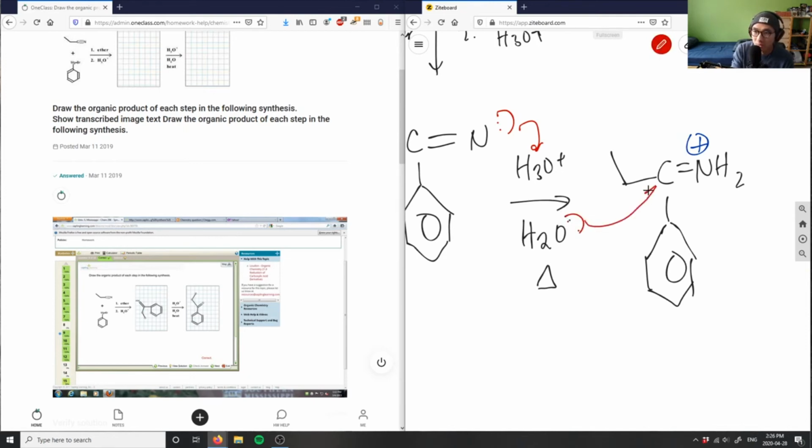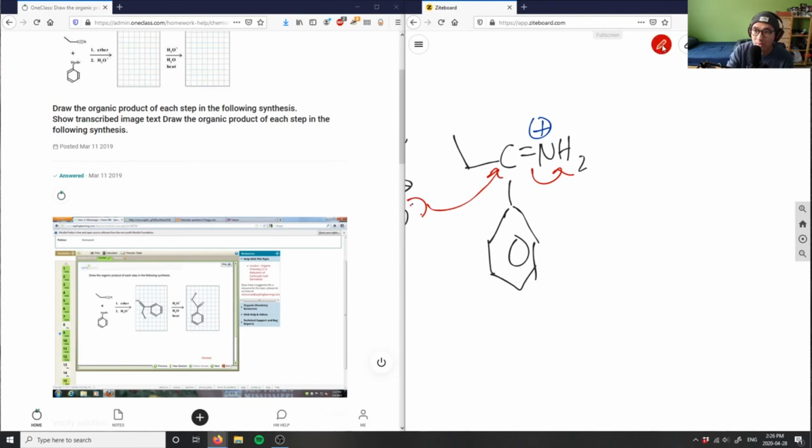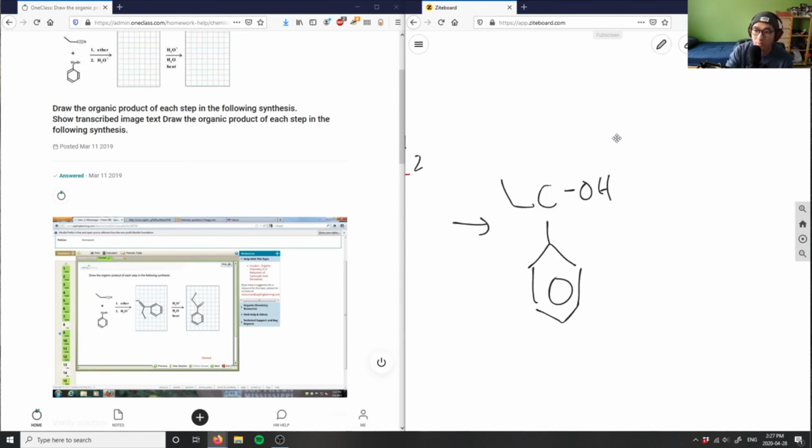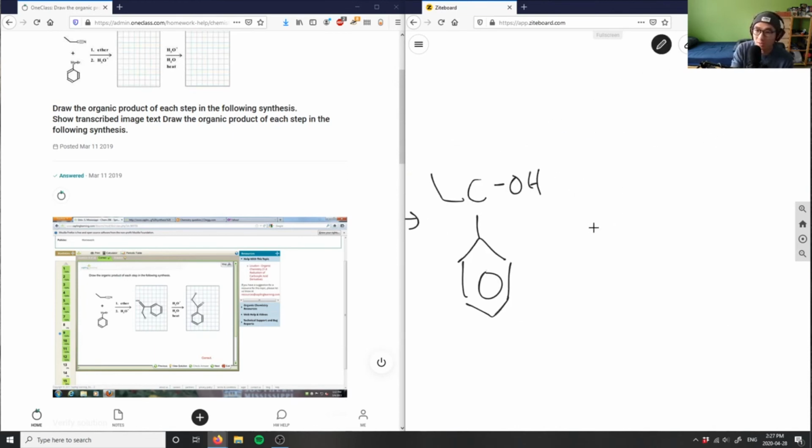This one can go like so and actually kick this entire thing out, and we get basically this compound here, bond OH, and then the benzene like so. And then finally what you can do with this one, it can actually oxidize and form the ketone here. So this guy can oxidize and form a ketone, like so.